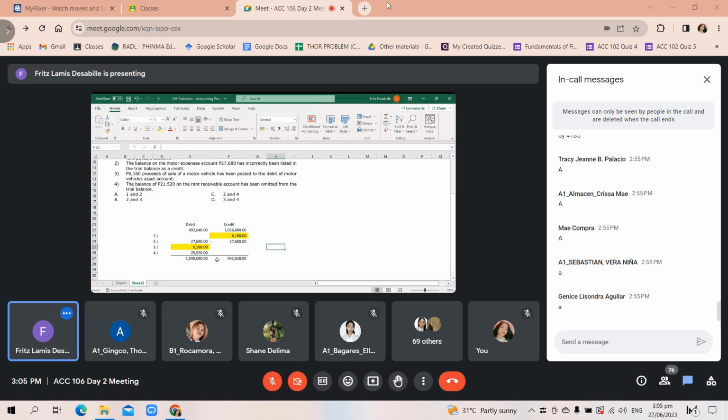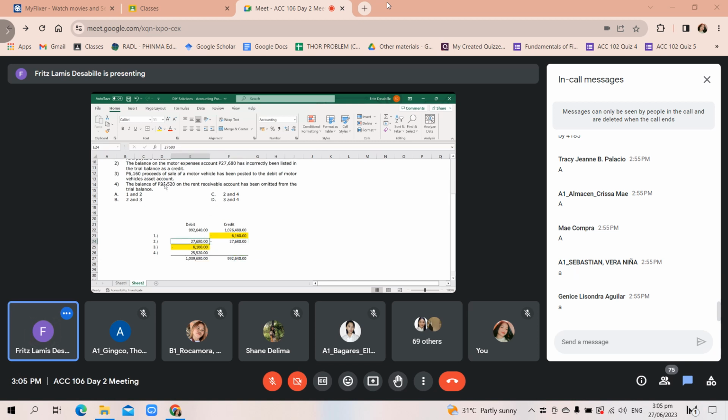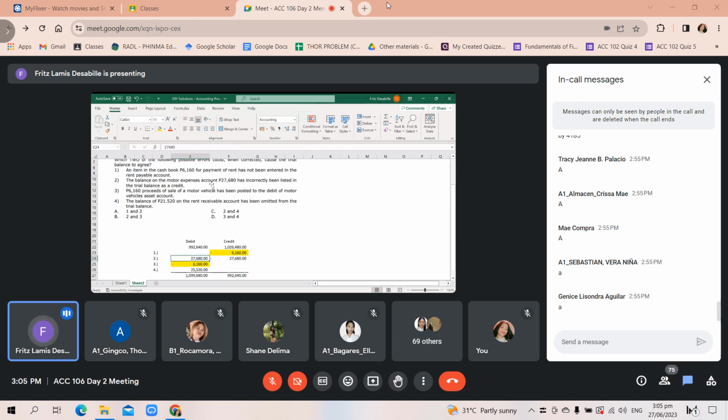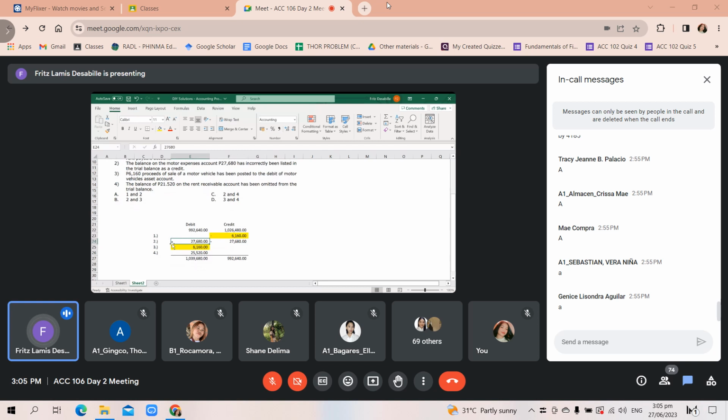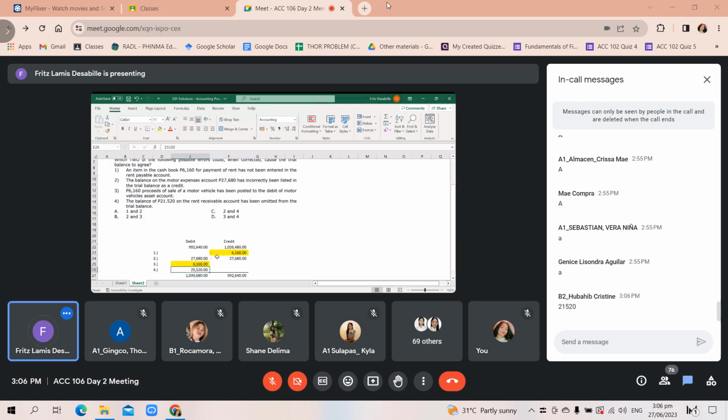So kung sa'yo, has been omitted from the trial balance, 27 incorrectly been listed in the trial balance sa credit, ay balik. Tama ba? Motor expenses, dapat okay lang difference nila kay, so 25, the balance of 51,520. So mag-add ko dire, kina-omit man siya. 992, 102,6,480. Correct. So 4 is correct.